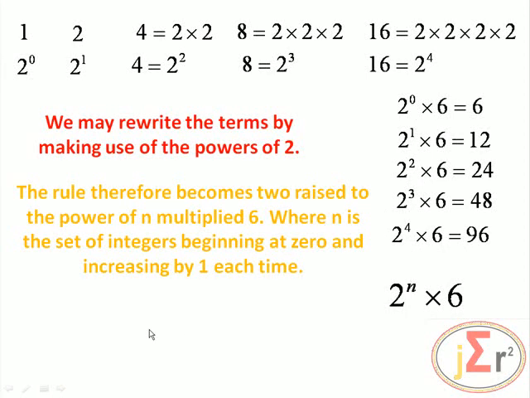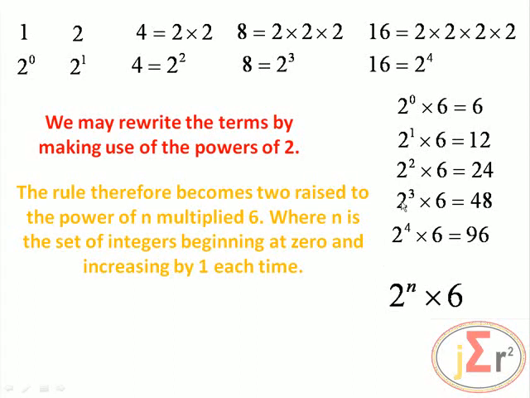The rule therefore becomes 2 raised to the power of n multiplied by 6, where n is the set of integers beginning at 0 and increasing by 1 each time.